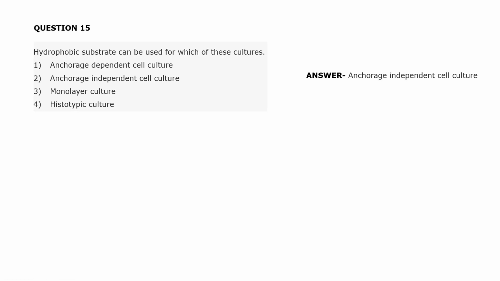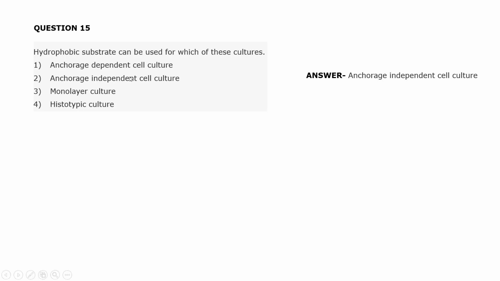Sometimes you can modify a hydrophobic surface so that anchorage dependent cells can bind to it and then divide and grow. That's a different thing. But if you provide just a hydrophobic surface, the cells cannot bind to it, nor can they proliferate. They need a hydrophilic extracellular matrix for attachment so that they can grow, because these are all protein-protein interactions, for example integrin-fibronectin, integrin-proteoglycan, or laminin interactions.